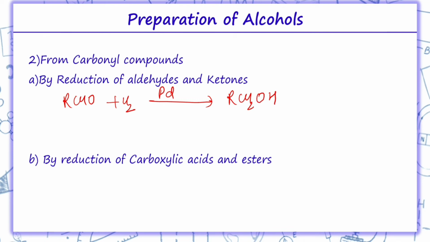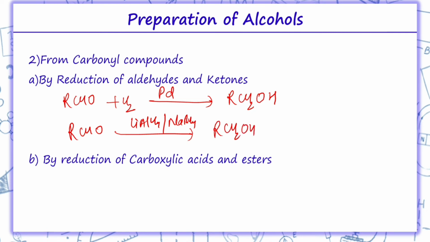Aldehydes and ketones are also reduced by treating with sodium borohydride or lithium aluminum hydride, like we have RCHO. So here if we treat with LiAlH4 or sodium borohydride, again we will get RCH2OH.